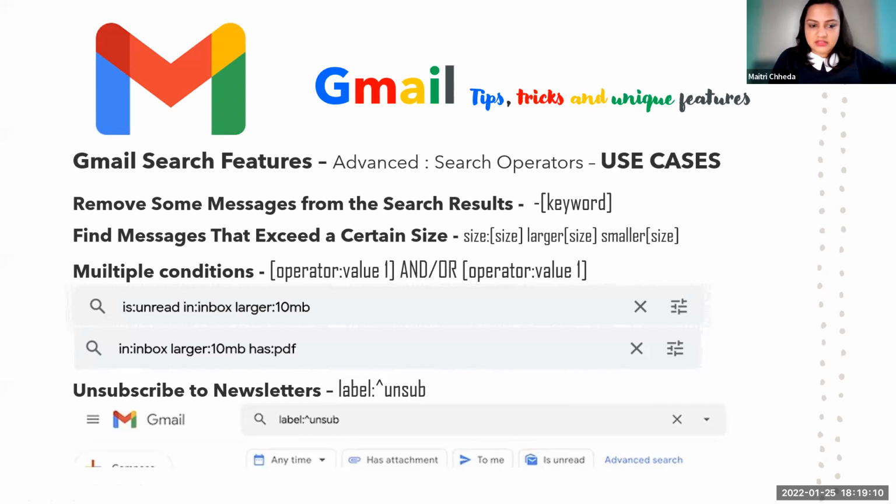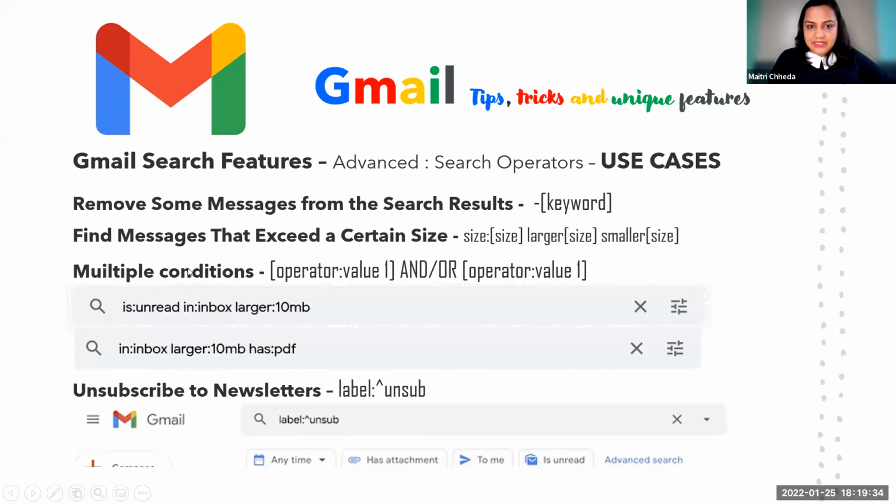So over here, you have an option of size colon, and you can use 5 MB, 10 MB. You can search for email attachments which are larger than a certain size or smaller than a certain size, and it will return all the emails in that category.